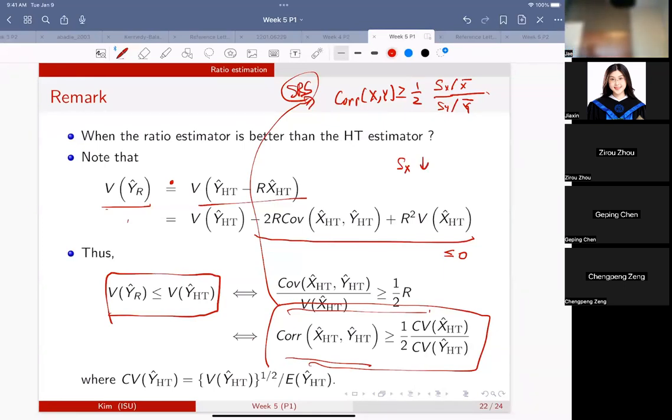As x is small, then we will have this inequality very likely, right? Because this is close to zero, then this will go to zero. This will go to zero. Then that means yes, the ratio estimator is good.